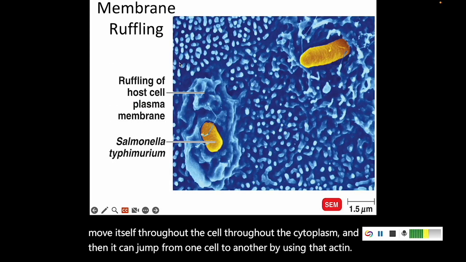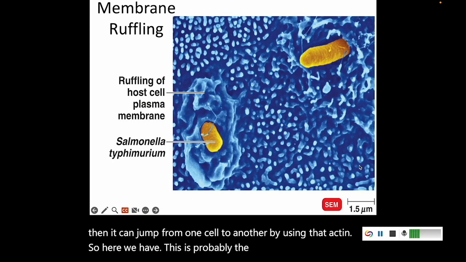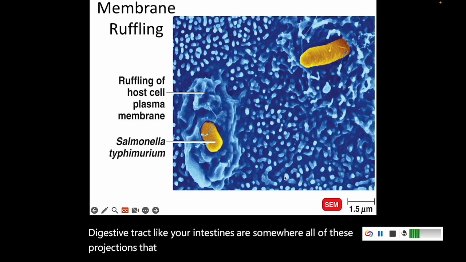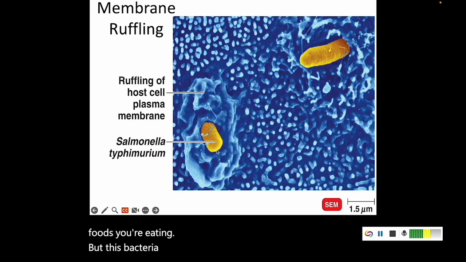So here, this is probably the digestive tract, like your intestines or somewhere. All of these projections are what your cells make to help absorb nutrients from the food you're eating. But this bacteria, the Salmonella typhimurium, has altered the cytoskeleton in this area.